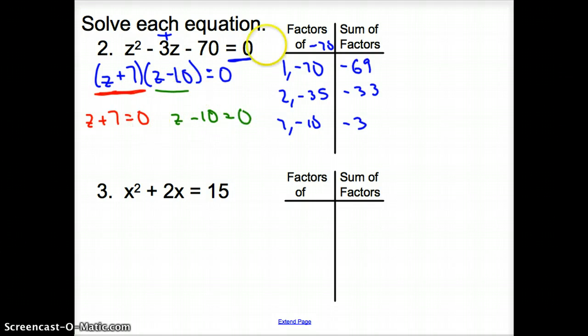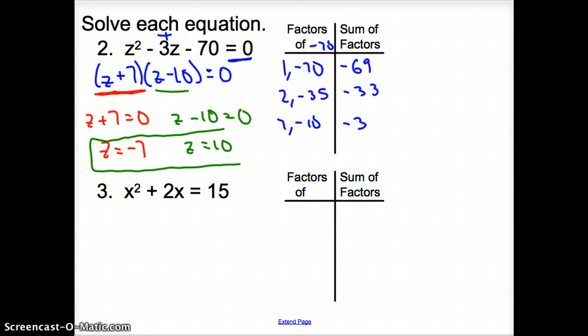And now we're solving for z. So here in this guy, z would equal a negative 7 because I subtract the 7 over. But in my green equation, I'm going to add the 10 over, so z equals 10. So my two solutions are z equals 10 and z equals negative 7.